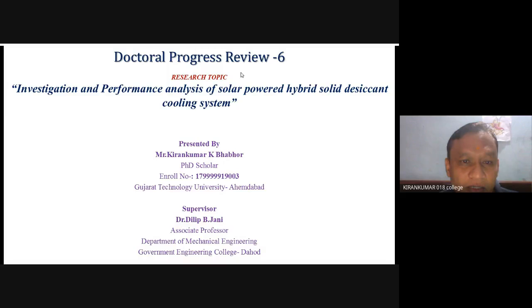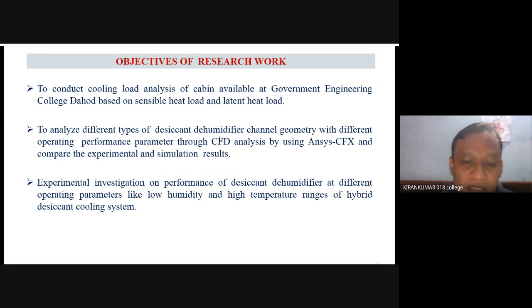This is the objective, slightly modified, for the research work to be carried out up to this DPC.